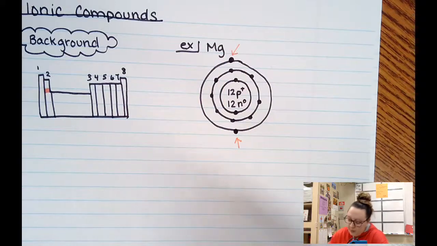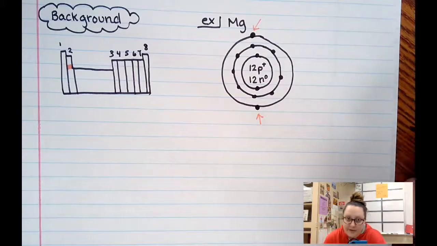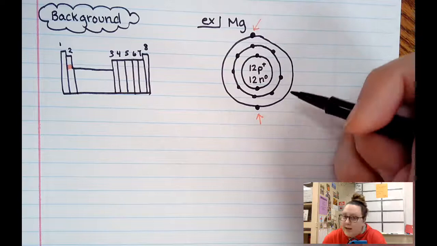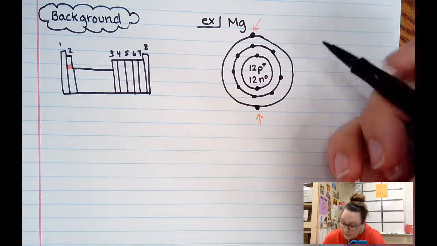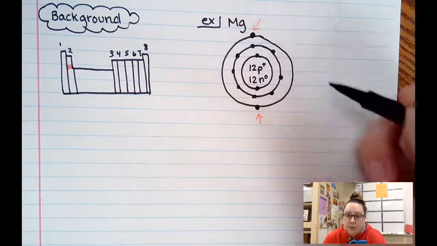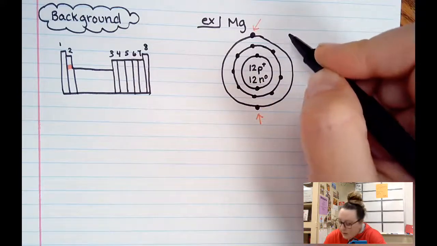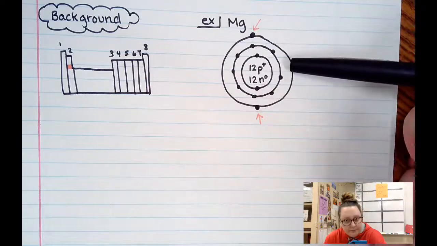Now when you're thinking what ion will form, we have to think about how this is going to interact with other ions out there. Magnesium's goal is to have a full outermost shell. So it could either try to find somebody or multiple elements to bond with to try to gain 6 electrons, because if it gains 6, this outermost shell is full.